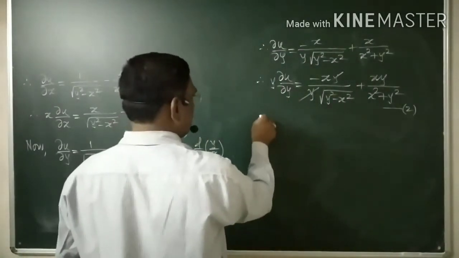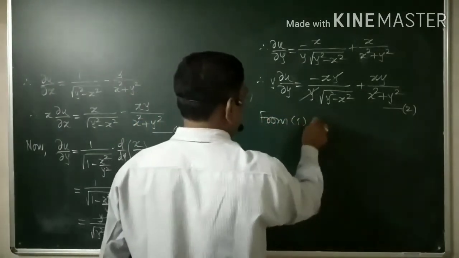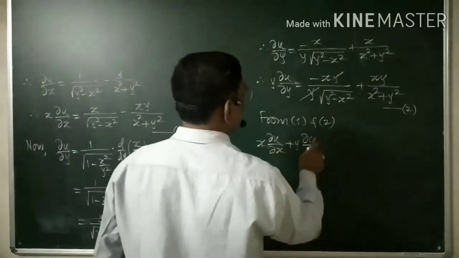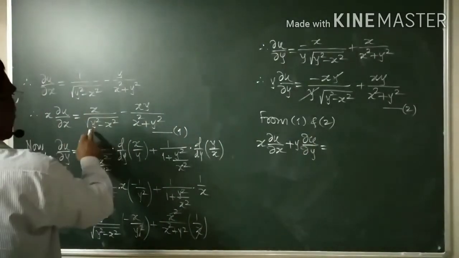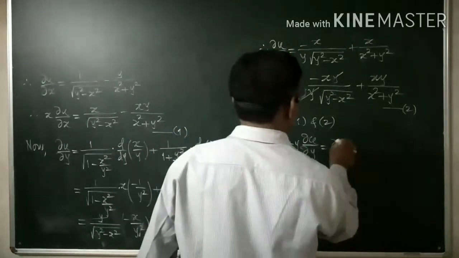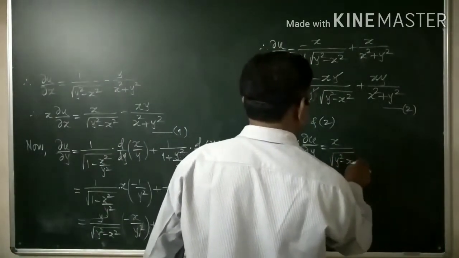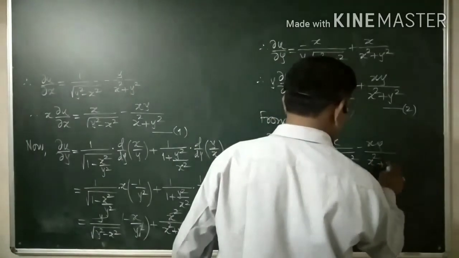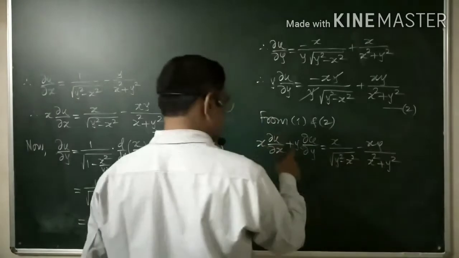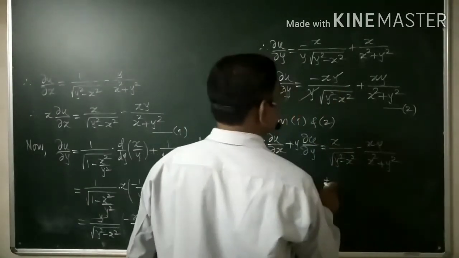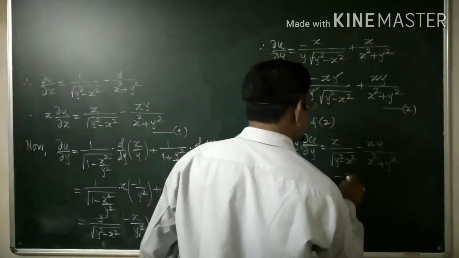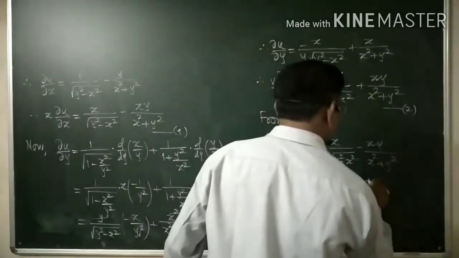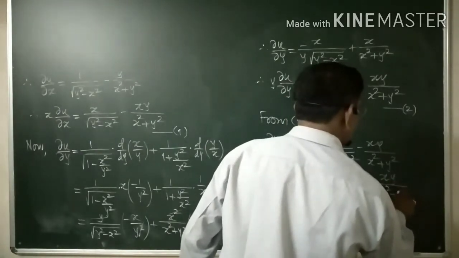And therefore from 1 and 2, what we write? x del u by del x plus y del u by del y is equal to x upon root y square minus x square minus xy upon x square plus y square, this is by 1, plus minus x upon root y square minus x square plus xy upon x square plus y square.